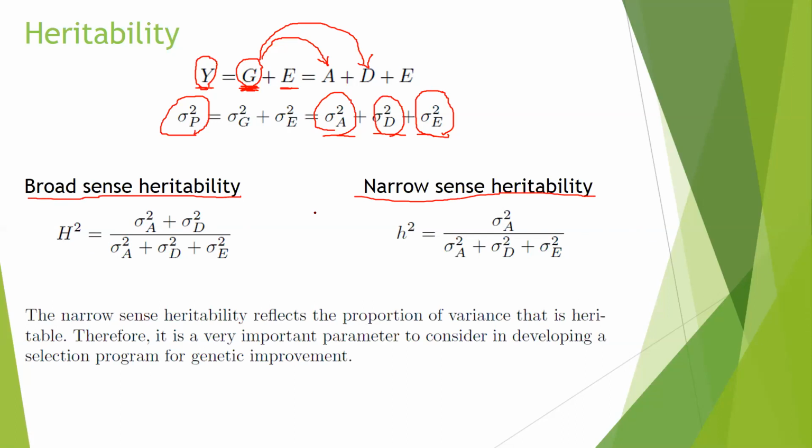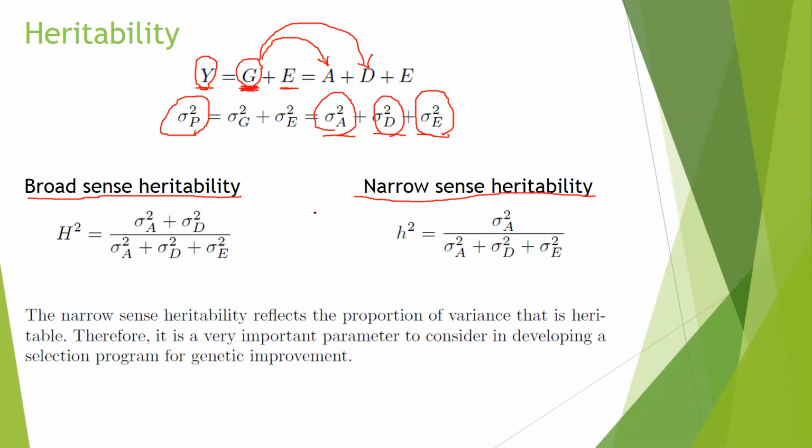When you study a trait, you can easily calculate the total variation of the trait in the population, right? For example, in an F2 population, if you are interested in a trait, let's say the rice yield, you can easily calculate the sample variation of the yield. That's the total phenotypic variation.